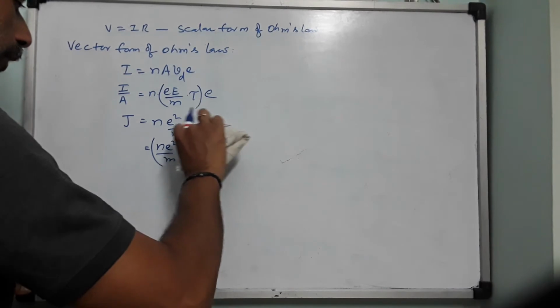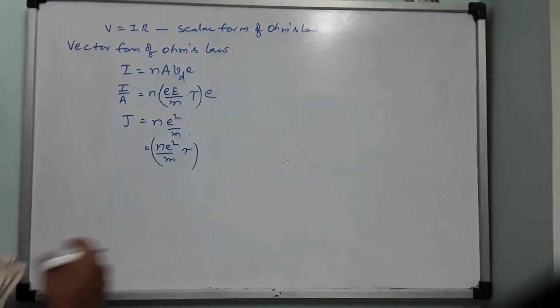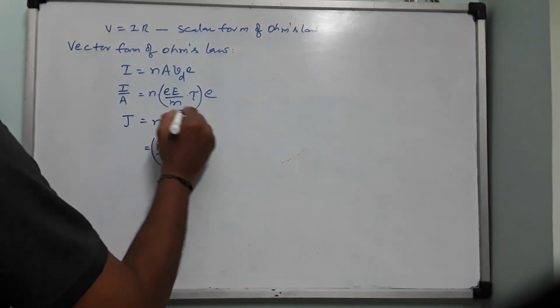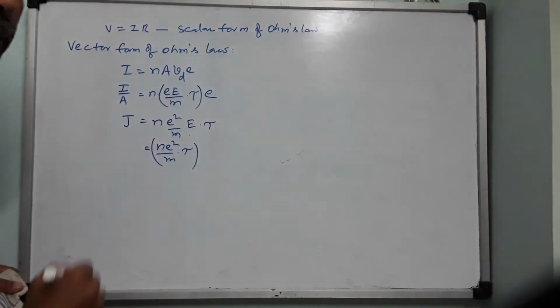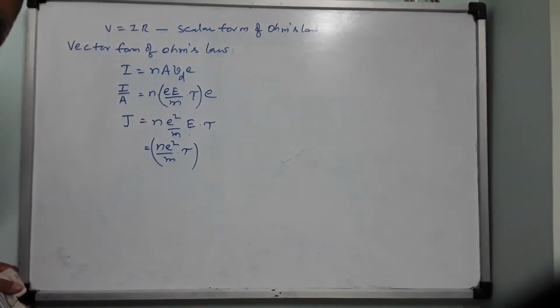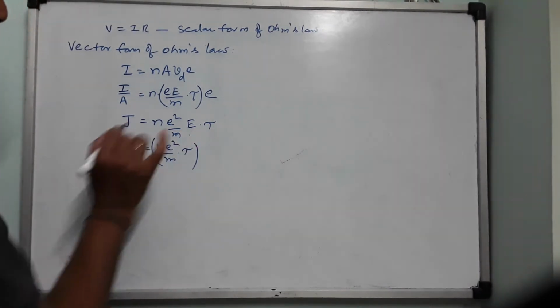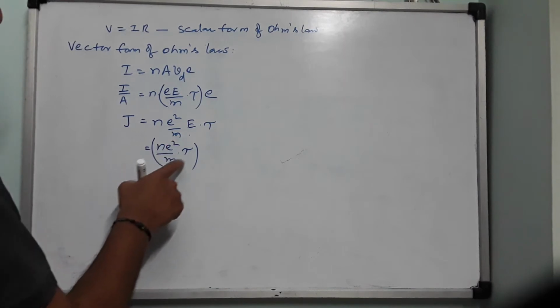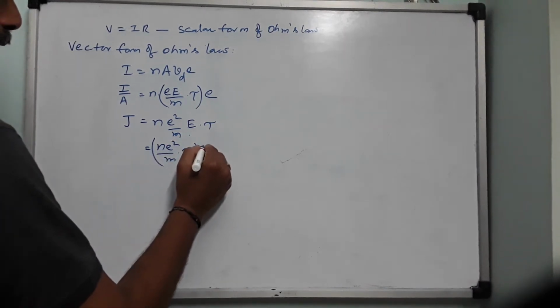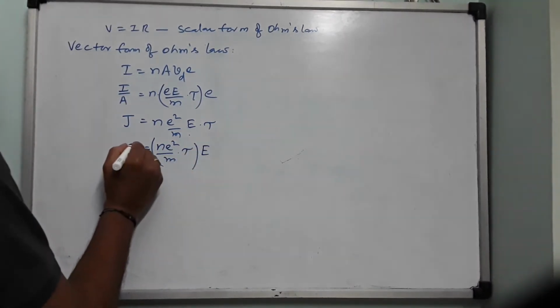Let it be like this only. This will be E into tau. I am not changing E into voltage and length. I am keeping it as it is. So N e square by m into tau into finally left over is what? Electric field. So here J.